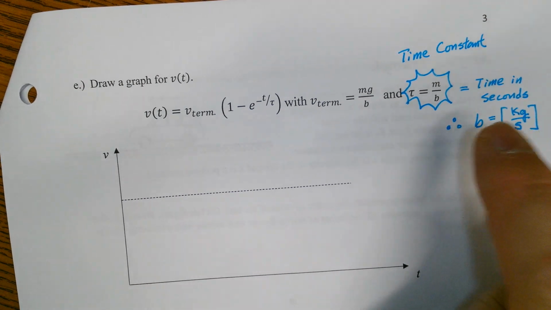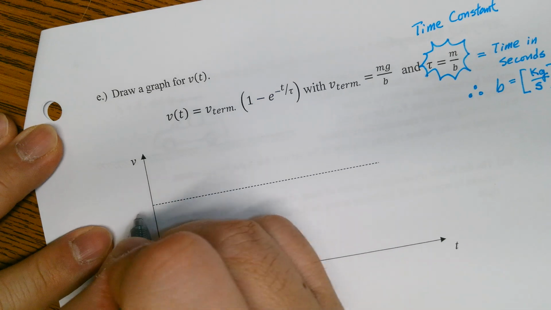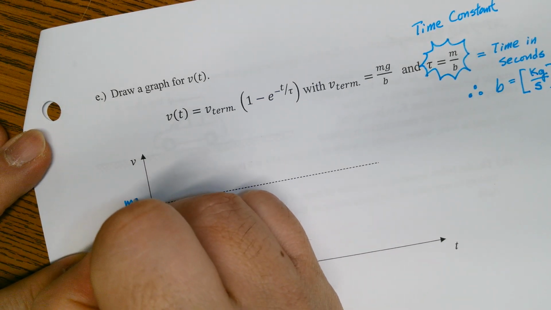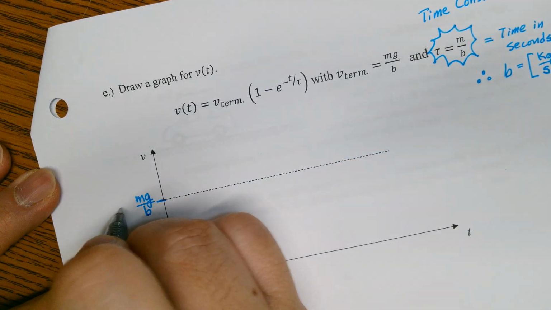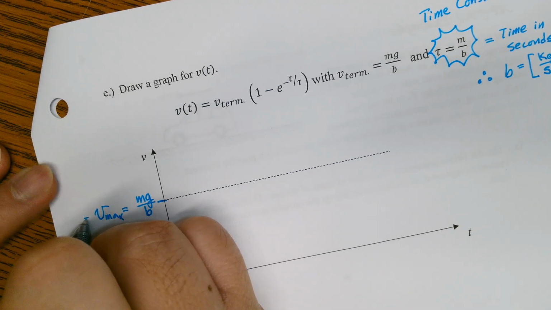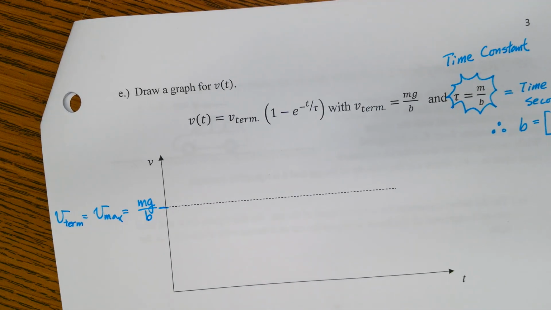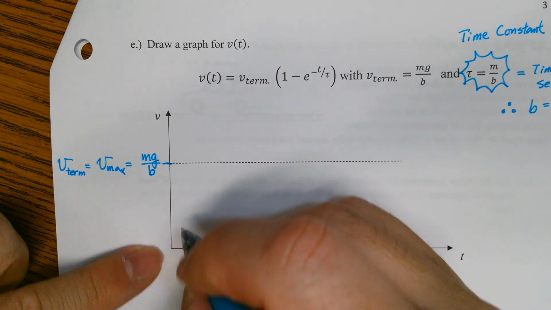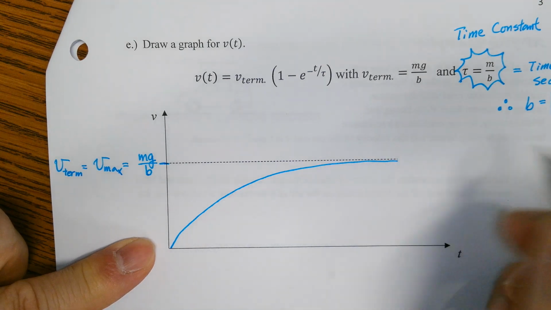So when we graph this, this right here is my mg over b, which happens to be my Vmax, which happens to be my terminal velocity. And it starts at 0 and is going to approach that terminal velocity.